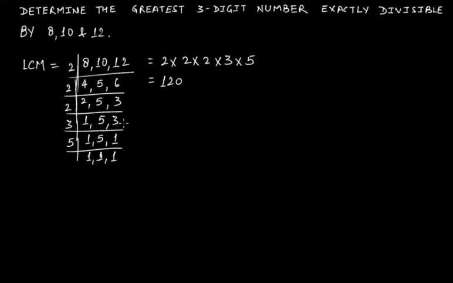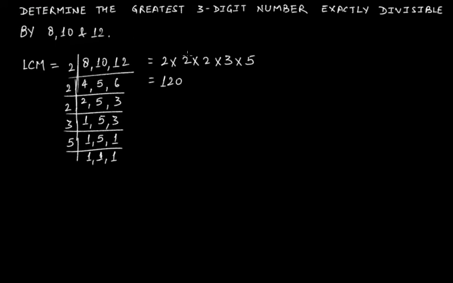I'm repeating again: there is no way to find that number directly, so you take the help of this least common multiple. Because 8, 10 and 12 are factors of 120, if you find the greatest 3-digit number exactly divisible by 120, then 120 will be a factor of that number, and therefore 8, 10 and 12 will also be factors of that number.